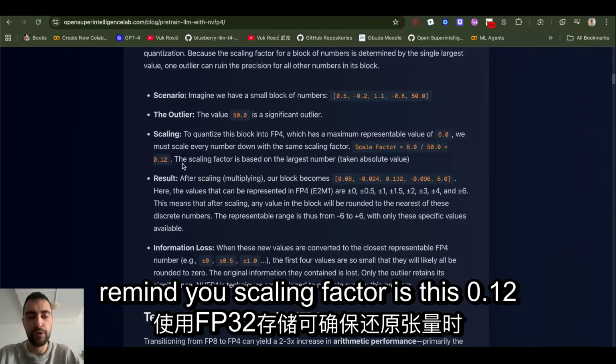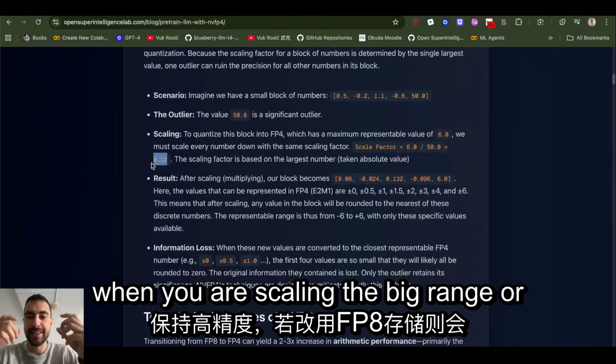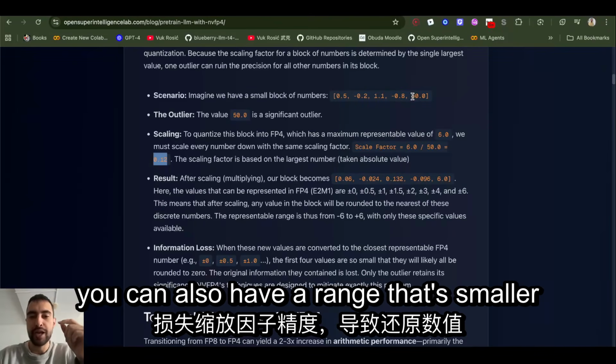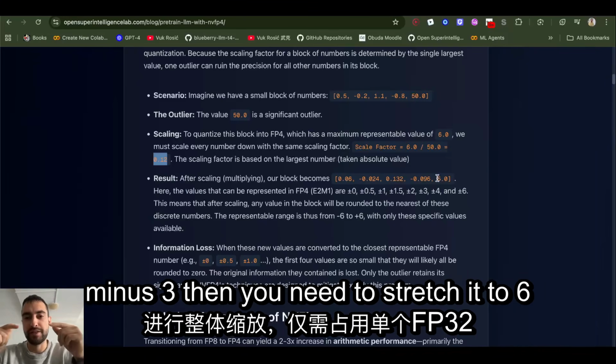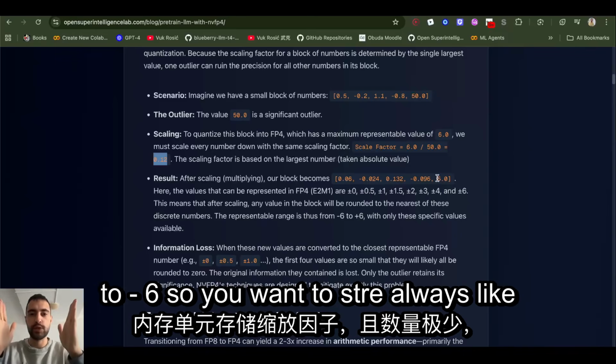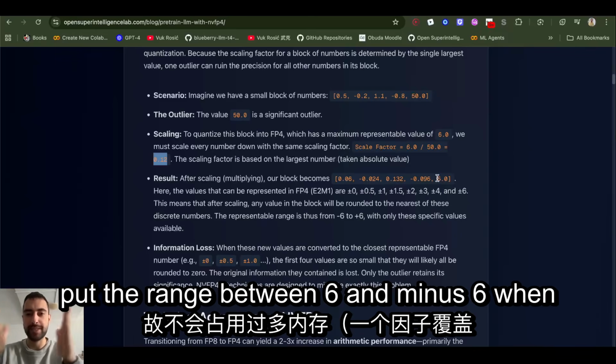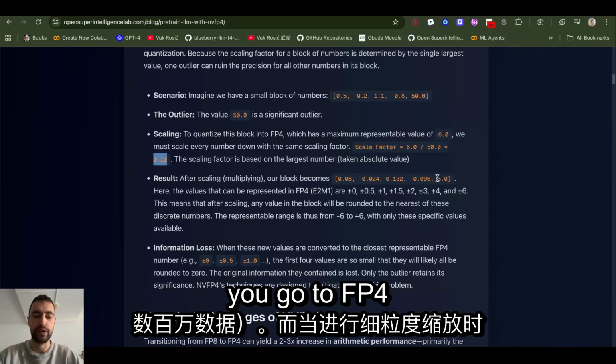If we go back, I want to remind you, the scaling factor is this 0.12 when you are scaling the big range, or you can also have a range that's smaller, that's not 6 to minus 6, that's like 3 to minus 3. Then you need to stretch it to 6 to minus 6. So you want to always put the range between 6 and minus 6 when you go to FP4.